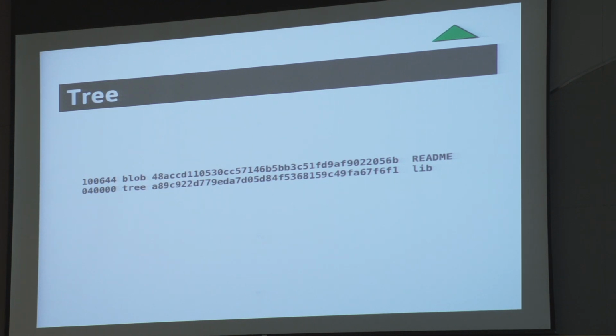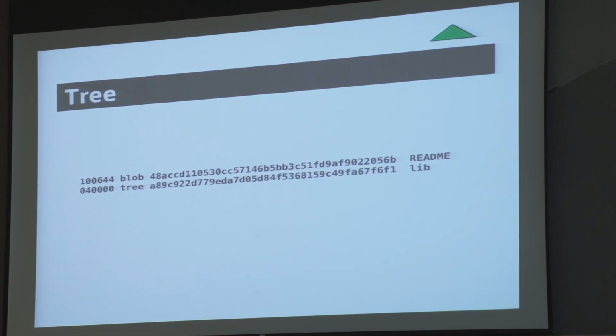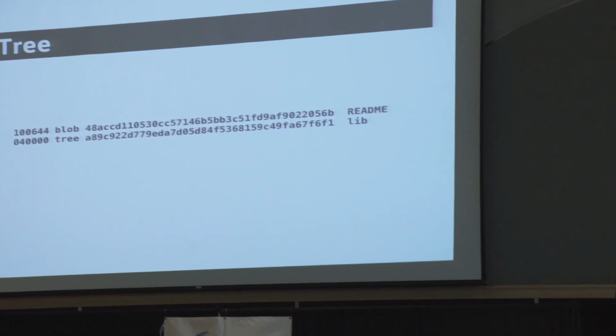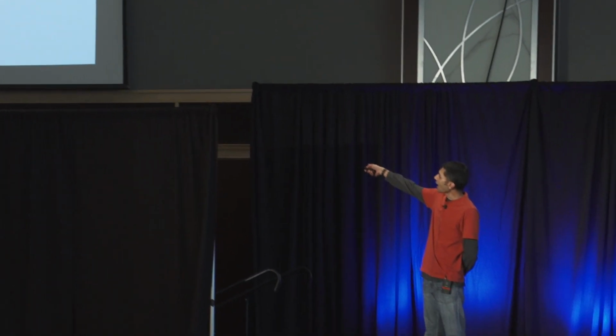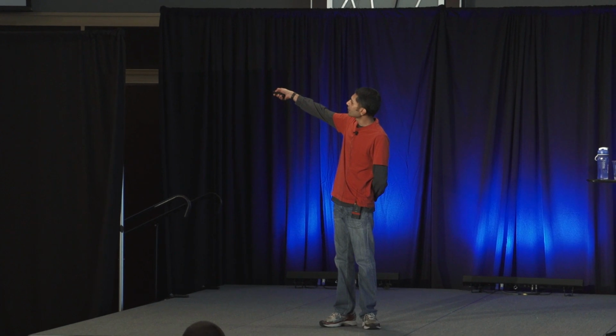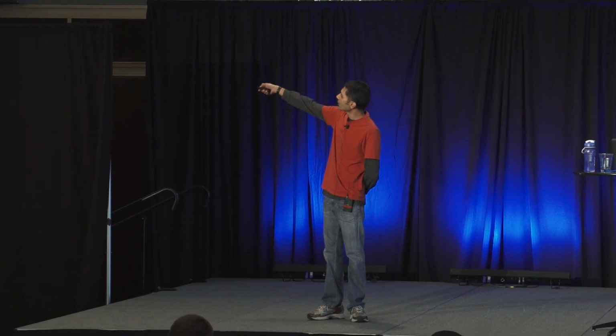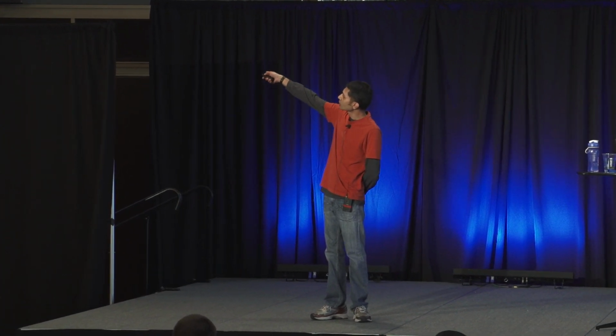If a subdirectory exists, the subdirectory itself is a tree whose SHA is calculated by the blobs that it contains. Then Git takes that tree SHA and any files it contains, takes this entire string and SHAs it up to calculate the SHA of the root tree.